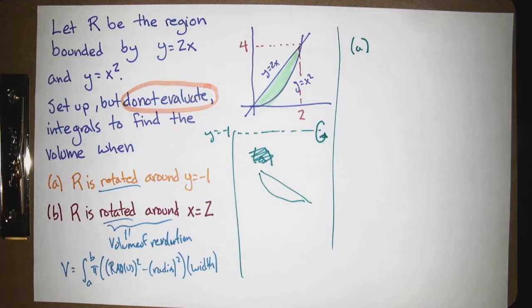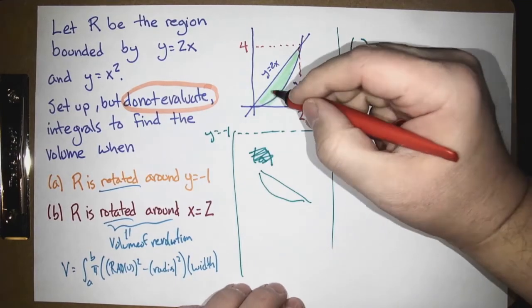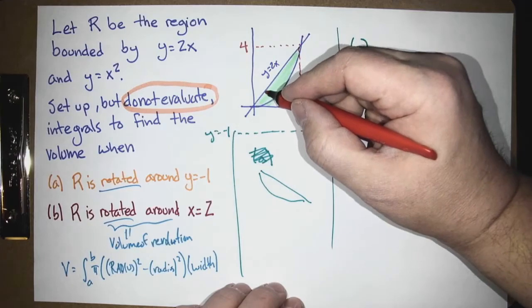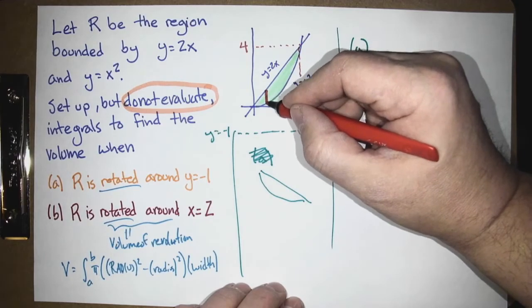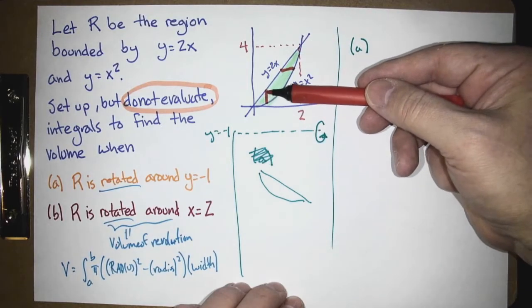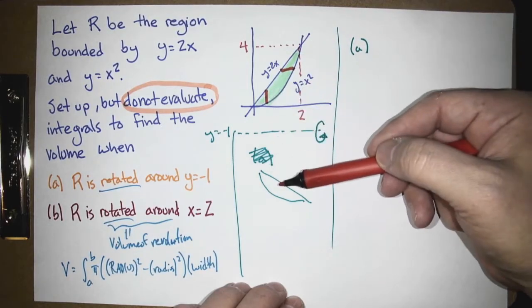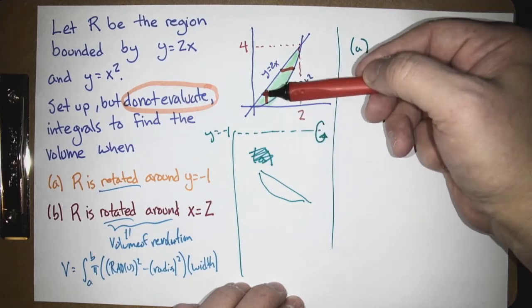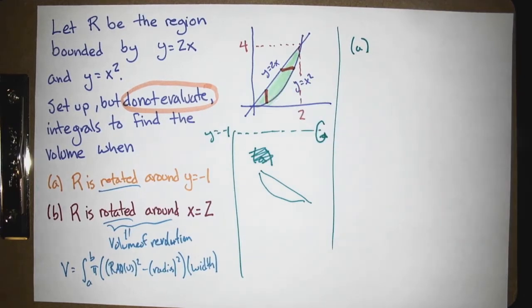Now, what should we integrate with respect to? x or y? x. Why x? Well, you have two ways to slice: a vertical slice or a horizontal slice. And the question is, when you spin, what makes the right shape? For the washer method, it needs to look like a washer.